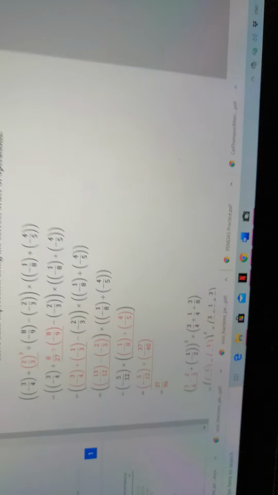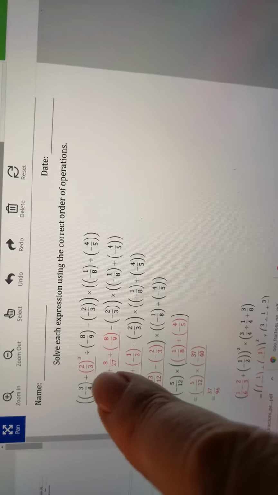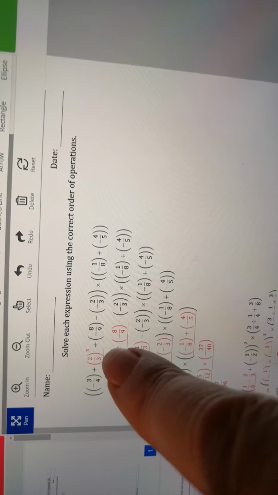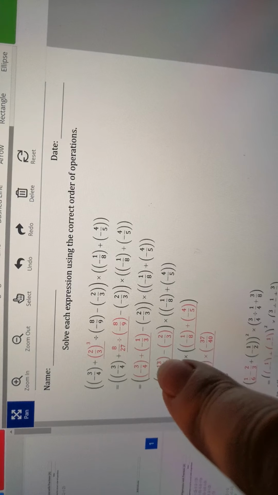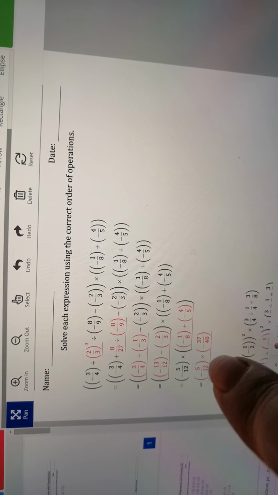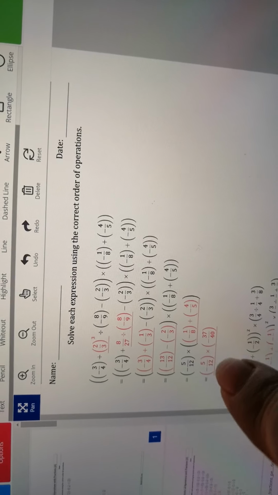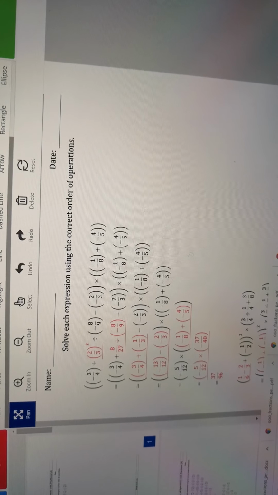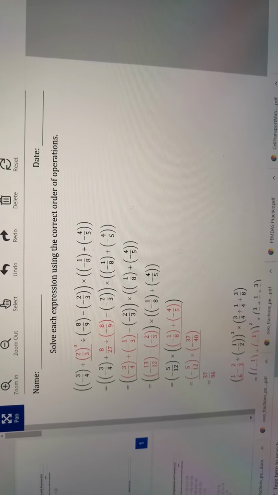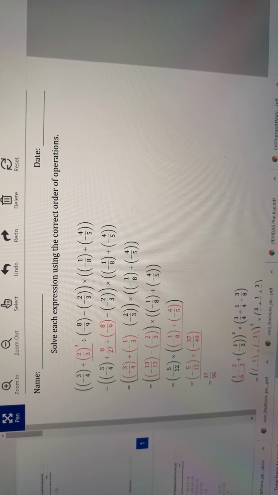Now, if we look at page 2 of the document that I sent you, that's what this is showing you. So right here, this is step 1. This is step 2. This is step 3, 4, 5, 6, and finally the answer. I'm hoping I can put this on the Skype.